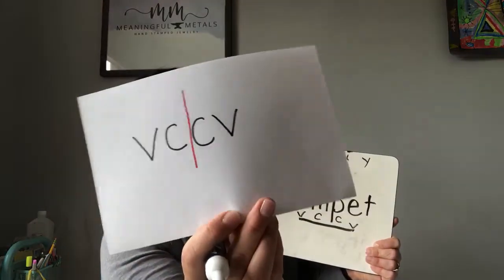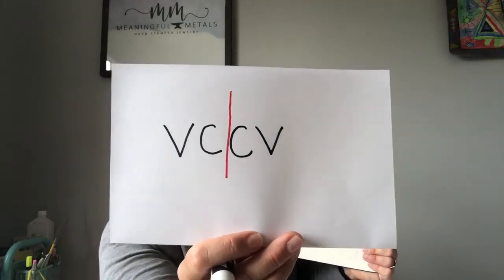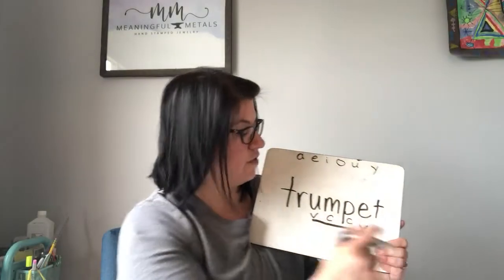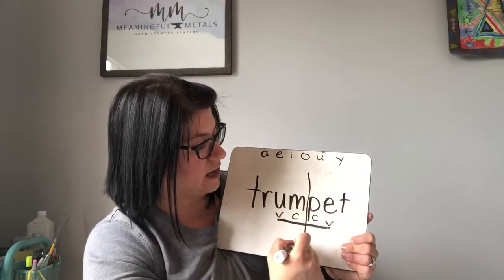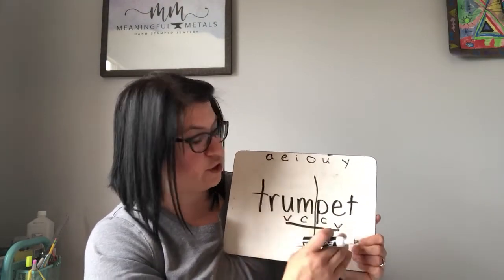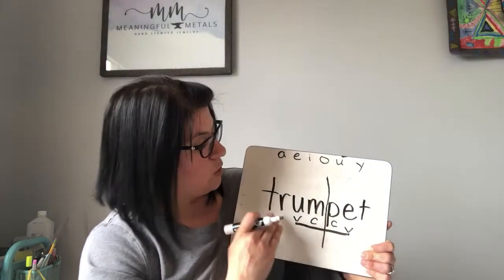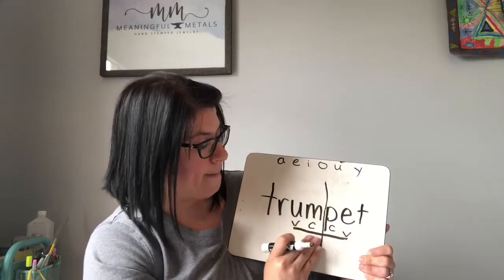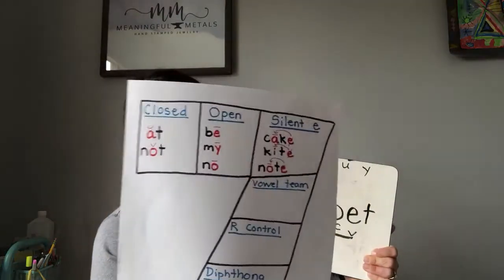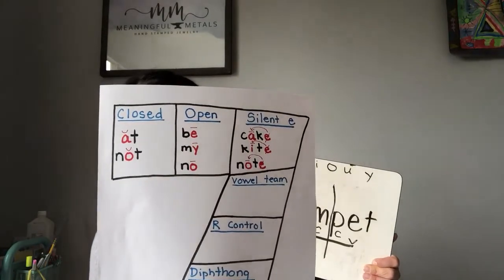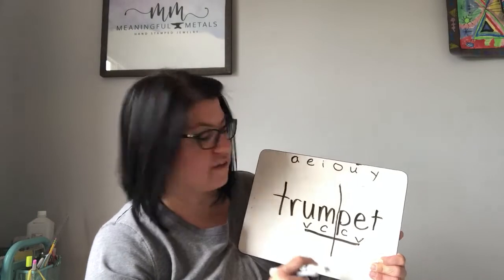This V, C, C, V pattern gets divided. It gets karate chopped right down the center of those consonants, right? So here we go, kaya, right there. And we're left with 2 syllables, each syllable on each side of the line. We have T-R-U-M. Now, we looked at the different syllable types, and I want you to ask yourself, where's my vowel, and does anything come after that vowel?